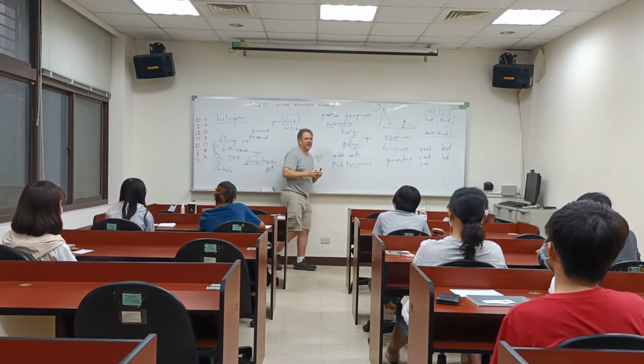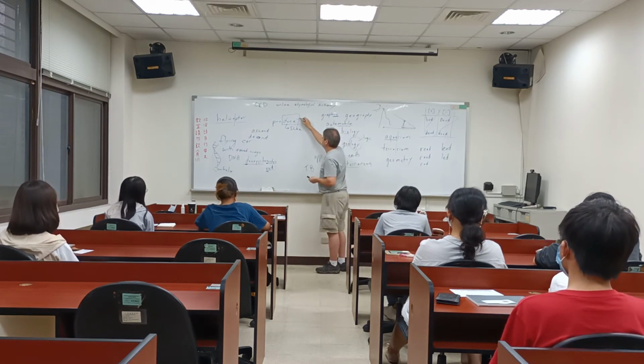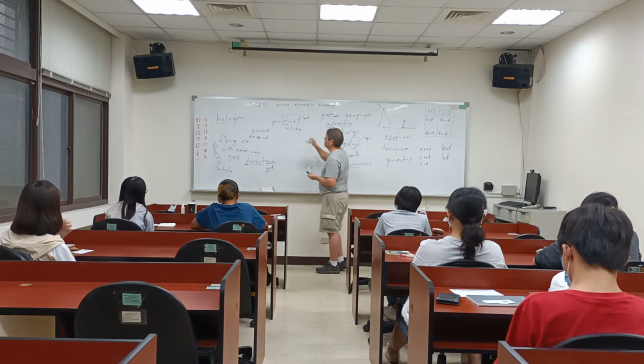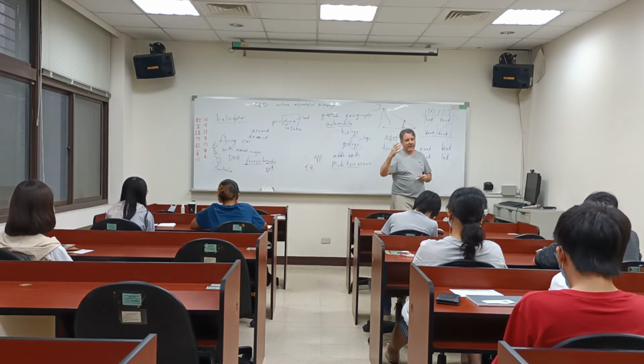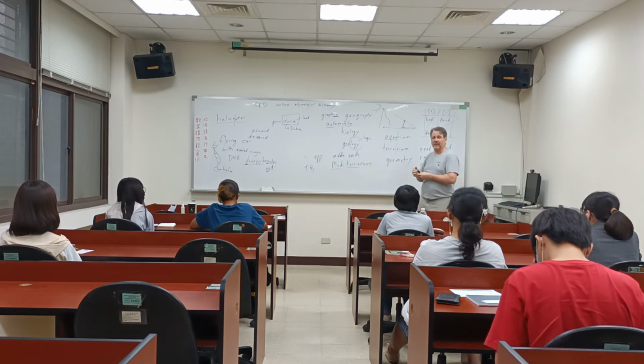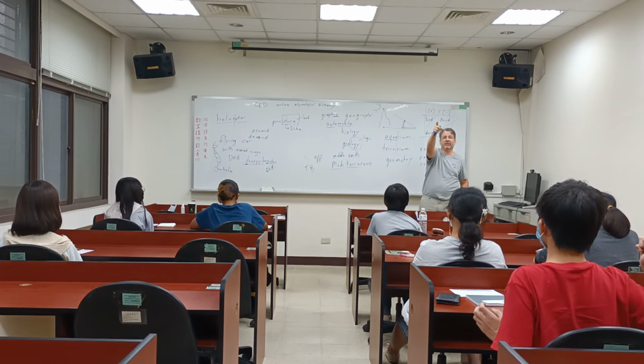A duke leads people. This is lead. So, if you produce something, you lead it forward. Pro is forward.